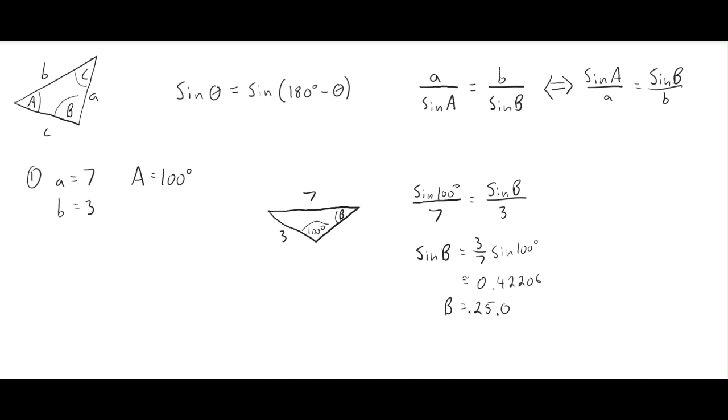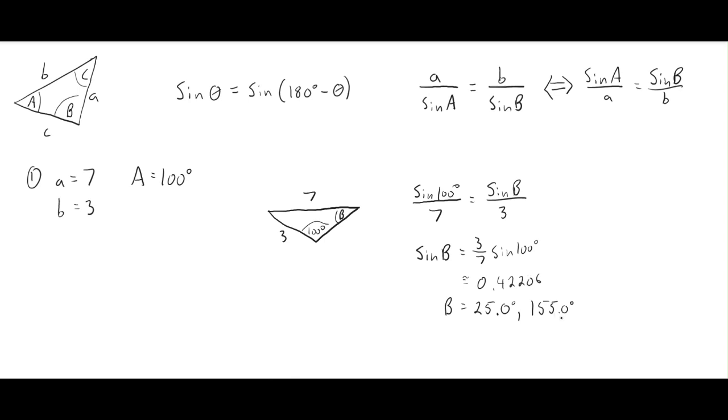Okay, so if 25.0 works, from here, 180 degrees minus 25 would give me the same sine. Okay, so B could be either 25 or it could be 155.0 degrees.